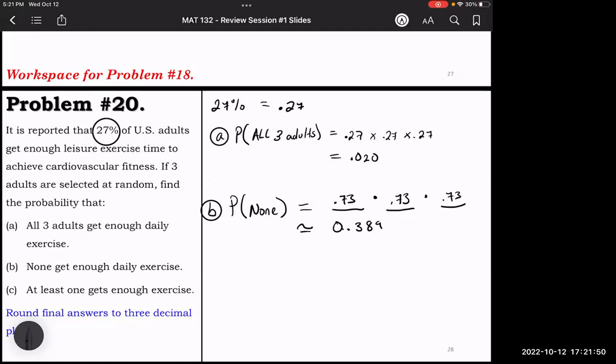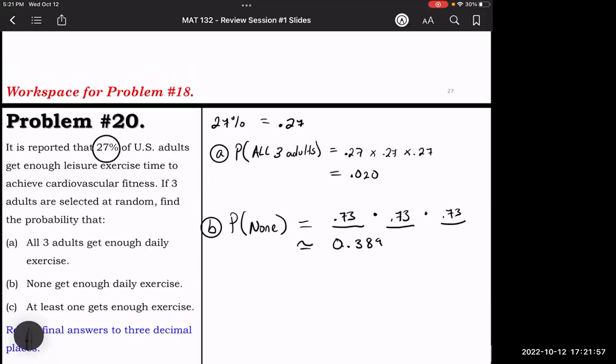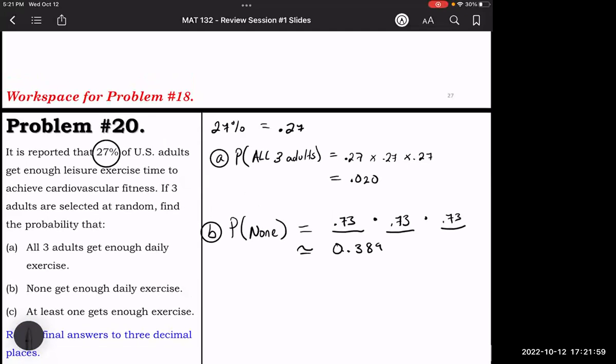Okay, let me just show you a quick formula for part C. It's really simple, but I just want to show the breakdown of it, and then we'll wrap it up. So, by the way, how many adults were being selected at random in this problem? 3. So the outcomes that we can get is that all 3 adults can get enough daily exercise.